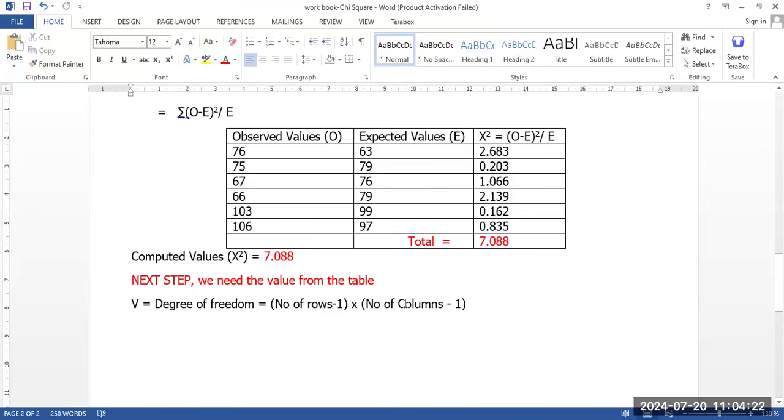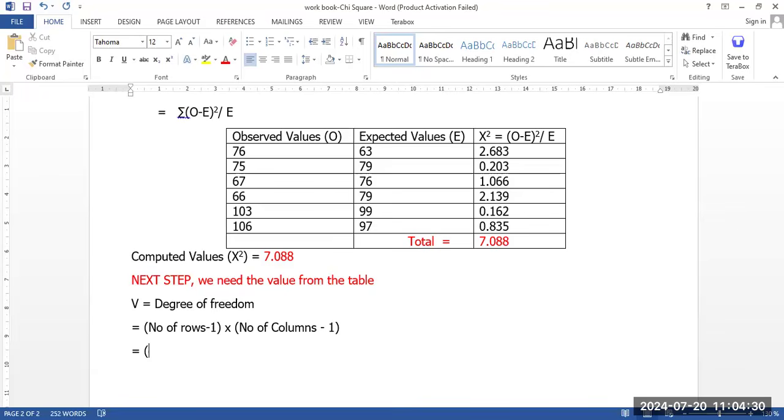We have 2. So number of rows are how many? 2. We get 2 minus 1. Then number of columns are how many? 3. There are 3.